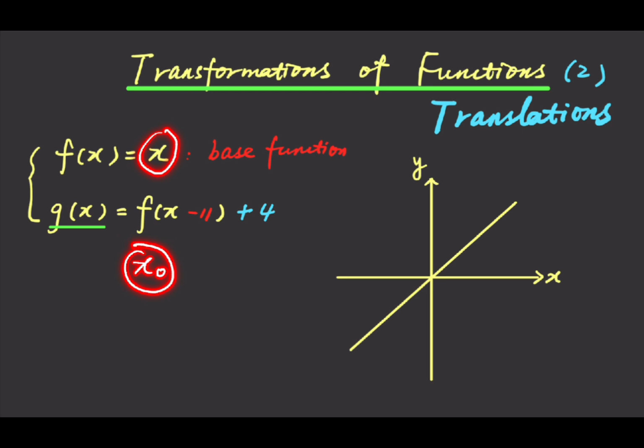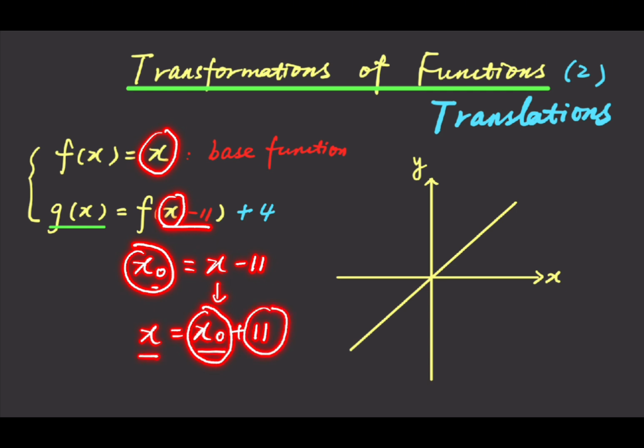Now, if you want to guarantee this part equals x0, you need to guarantee this x equals x0 plus 11. So this x should be greater than this x0. Between this x and this x0, the difference should be 11.